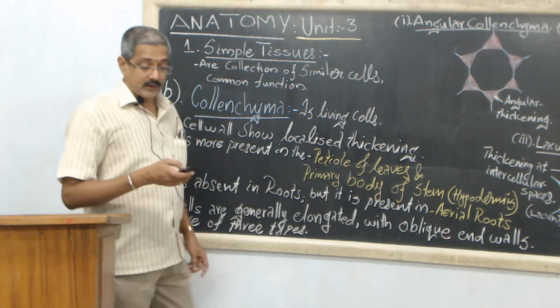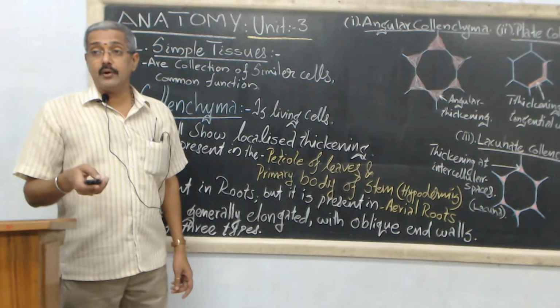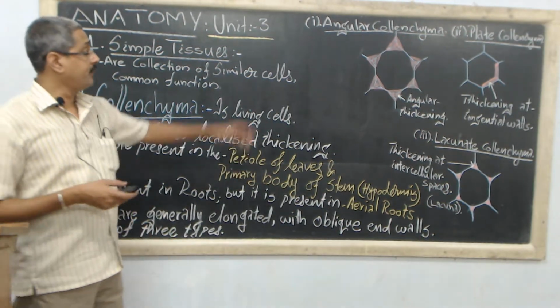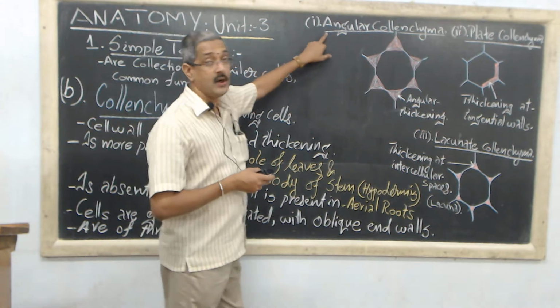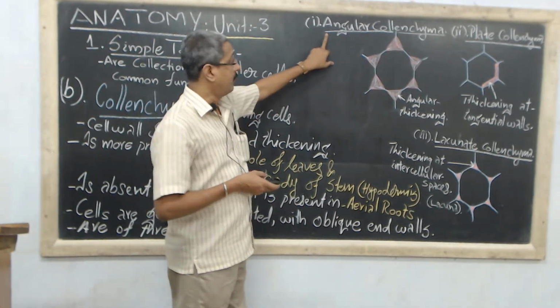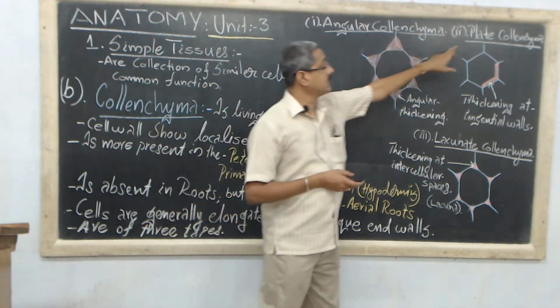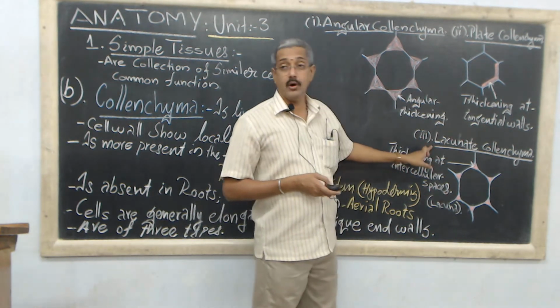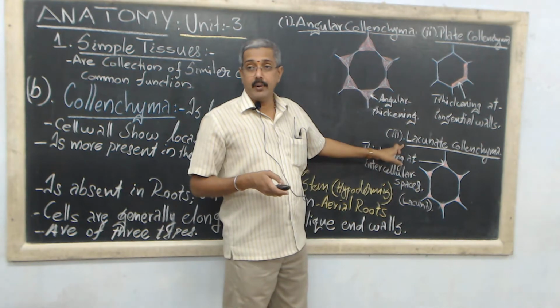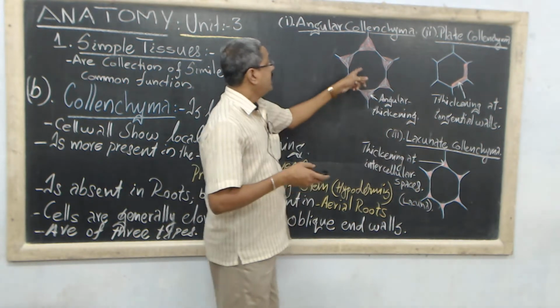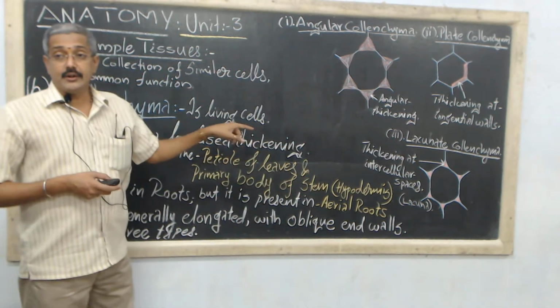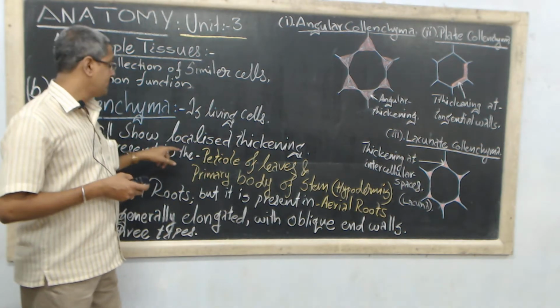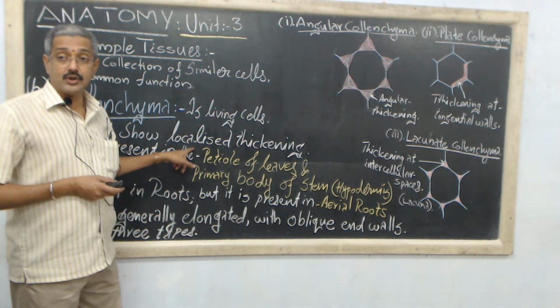Here also we can see the three types of collenchyma cells. Here you can see the first one is named as angular collenchyma. The second one is called plate collenchyma, and the third one is called lacunate collenchyma. Why this differentiation among the collenchyma cells which are differentiated in stem?